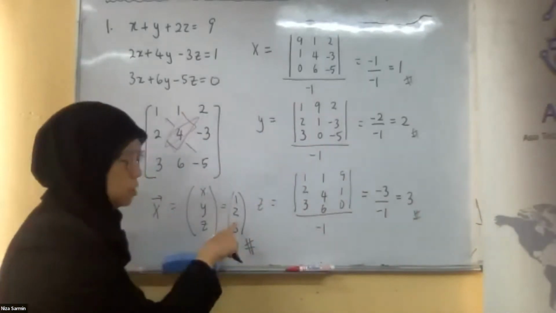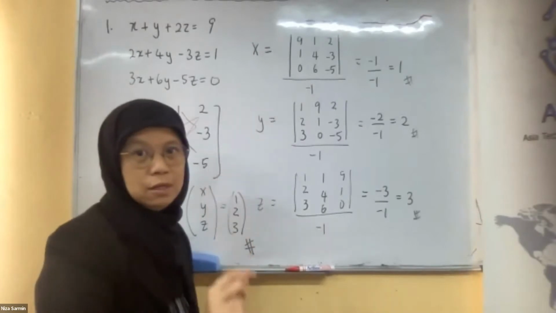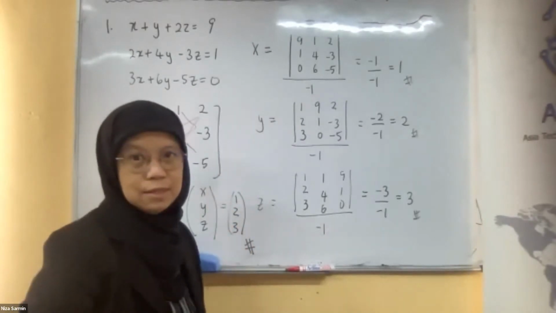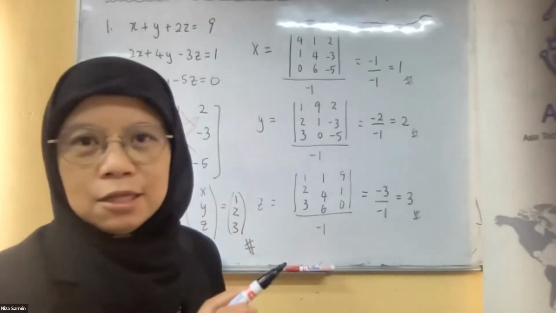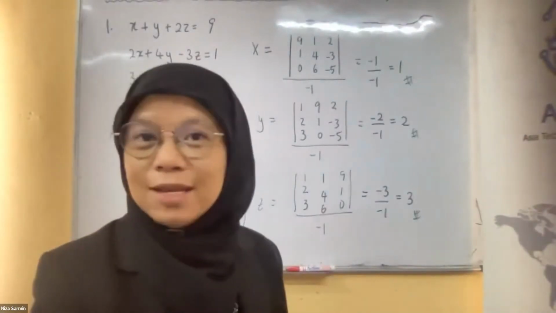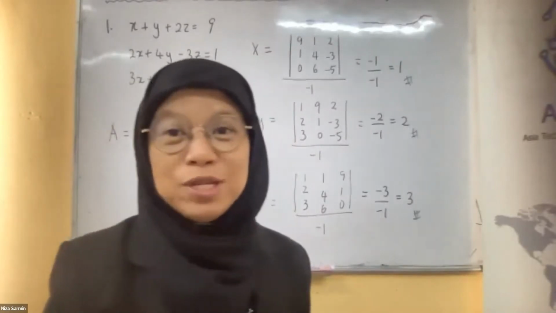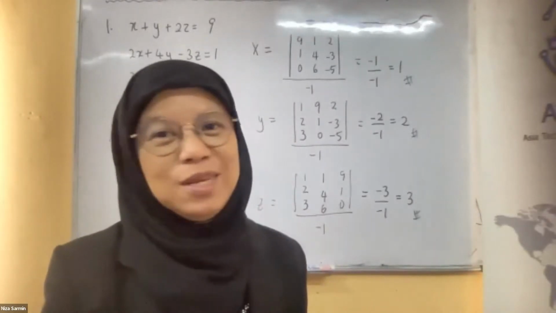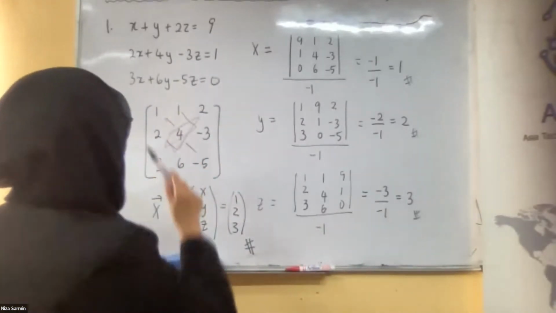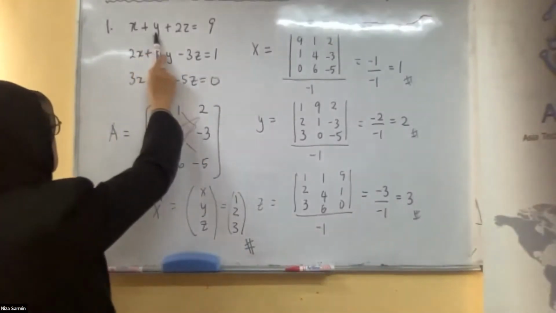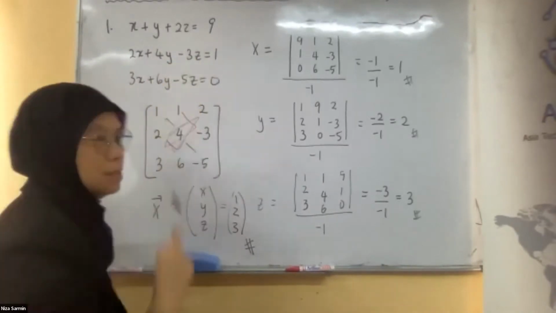But this is important in chapter 3. You will have to write in the form of a vector. And we can check that our answer is right. How? We substitute in the question. So you definitely know whether your answer is right or not. So 1 plus 2 is 3, 3 plus 2 times 3, 6, is 9.